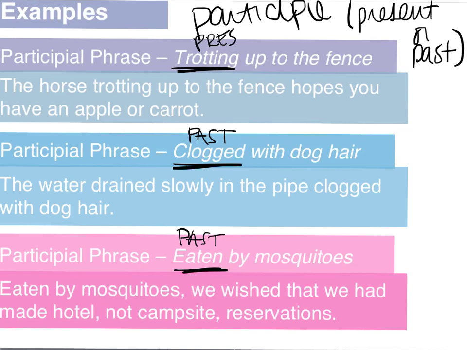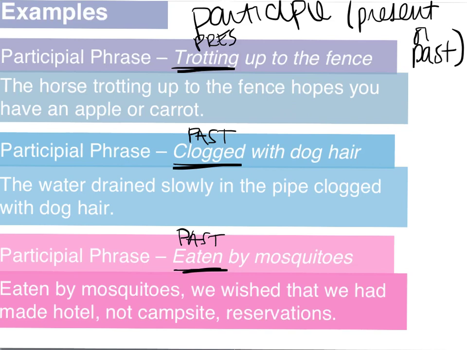Participial phrases, like absolute phrases, can be added in the beginning, in the middle, or at the end. They can be introductory, interrupters, or add-on clauses. Now, the punctuation of these can sometimes be a little bit different. For example, in this first one, we see that there are no commas between horse and trotting and fence and hopes.